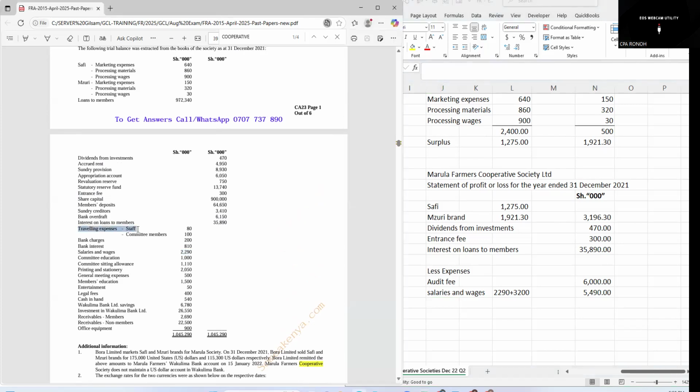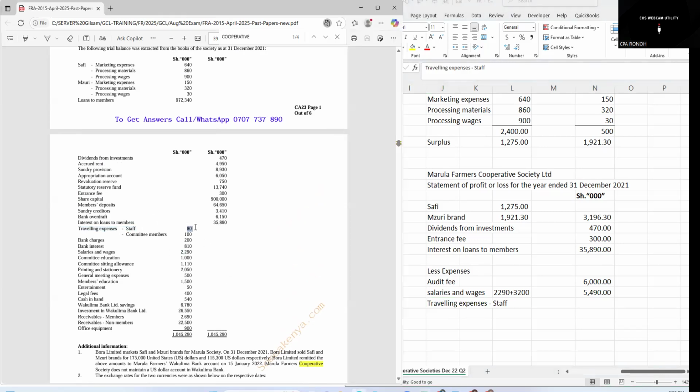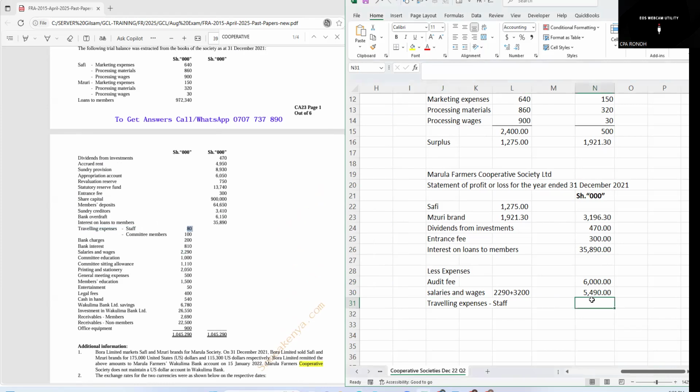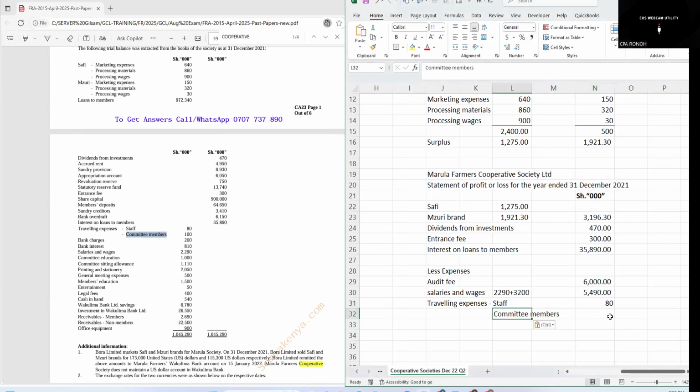Traveling expense. So traveling expense, we have staffs 80,000. We have committee transport of 100.